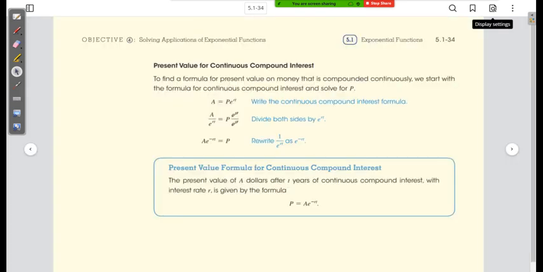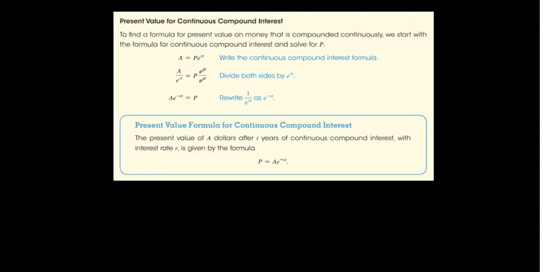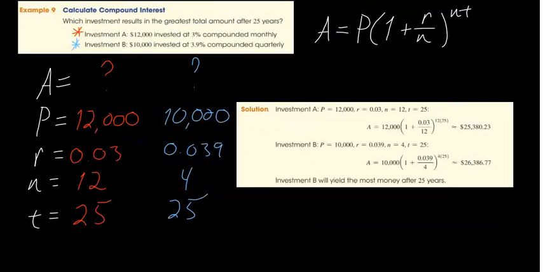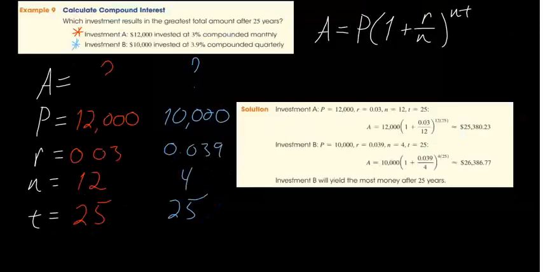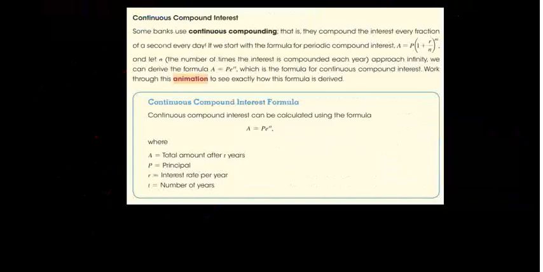And then, of course, we also have the present value for continuous compounding. So real quick, because we have a lot of these, let's talk about them. They're really just broken down into two of these. One of them would be the periodic compound interest, where we compound periodically. The next would be the continuous compounding.